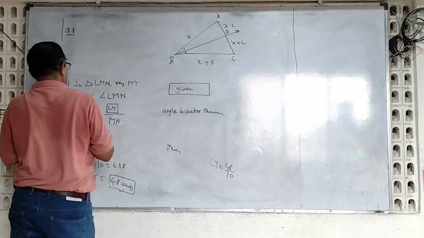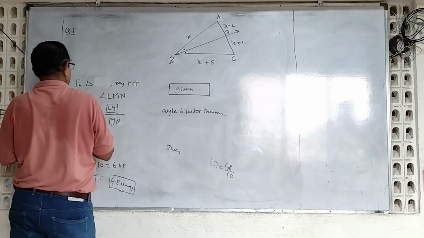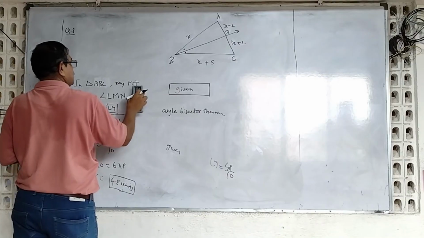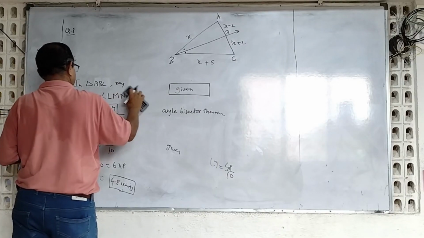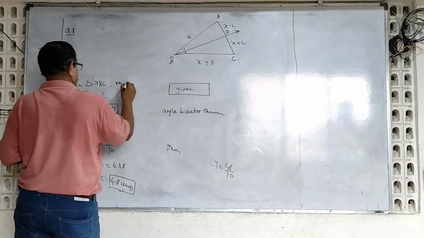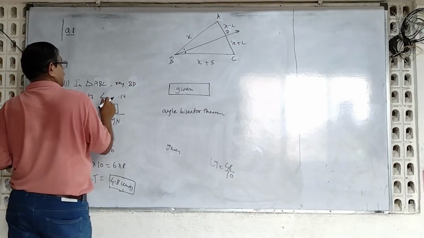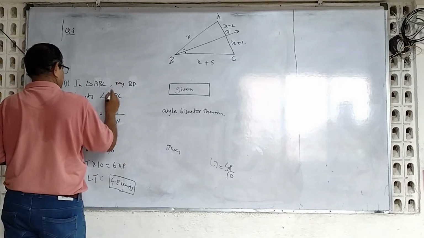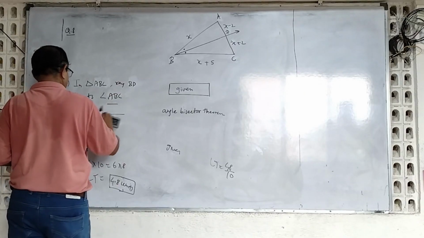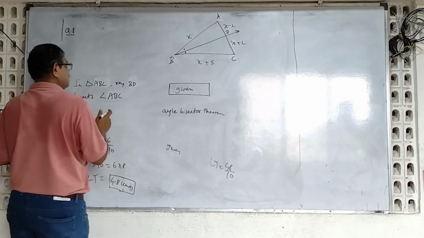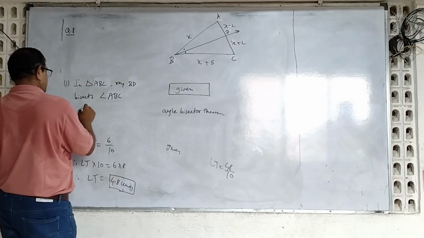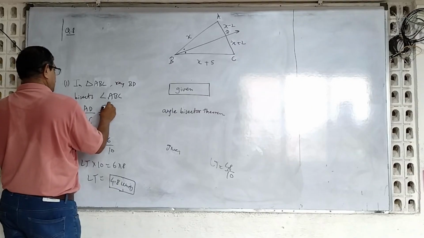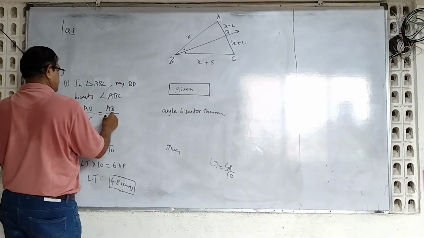What will I write? In triangle ABC, ray BD bisects angle ABC. Correct? Reason is given, and therefore I get AD upon DC is equal to AB upon BC.